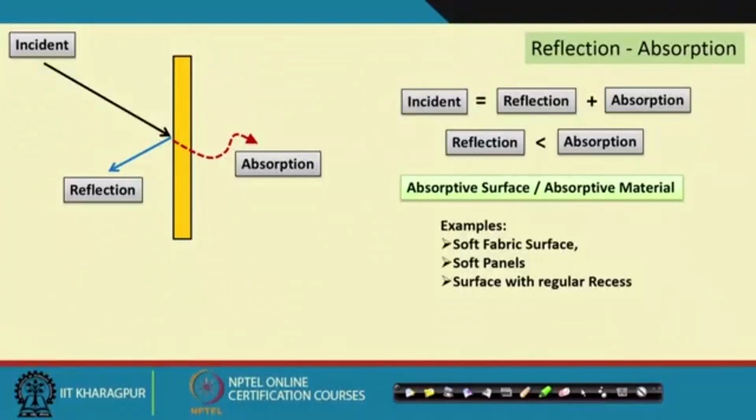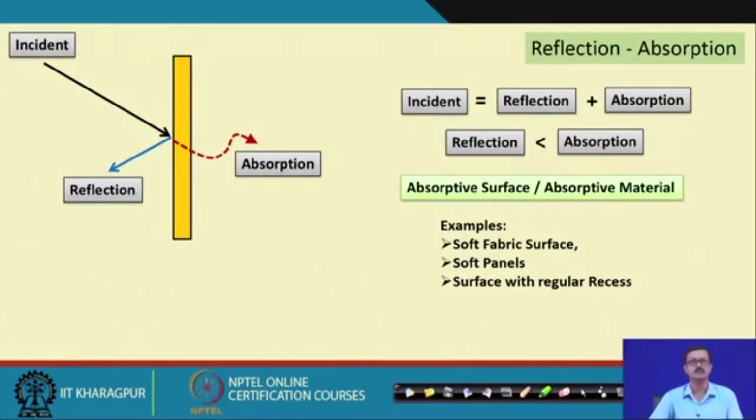On the other hand, absorption is where the amount of reflection is less and the amount of absorption is more, by virtue of the nature of the surface material. I have shown in this figure that the blue line, which is the reflection line, is quite small compared to the dotted red line, which is absorption.